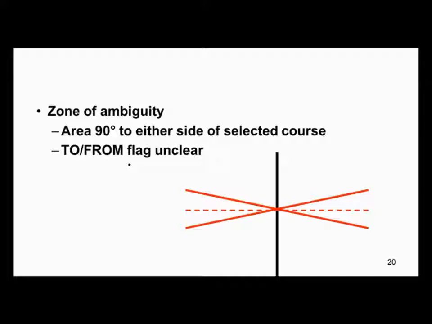If you're on that dotted line, let's just say to the right, the VOR is directly to your left. The VOR is going to have a hard time there deciding if you're to or from. But how often are you doing that? If you're way off like that, you're probably turning toward the VOR and spinning your OBS knob and flying straight toward it. So if this is happening, you're probably making a mistake.